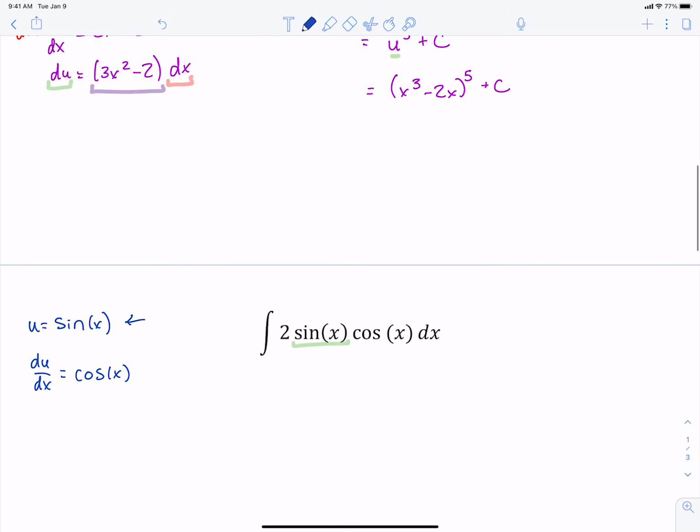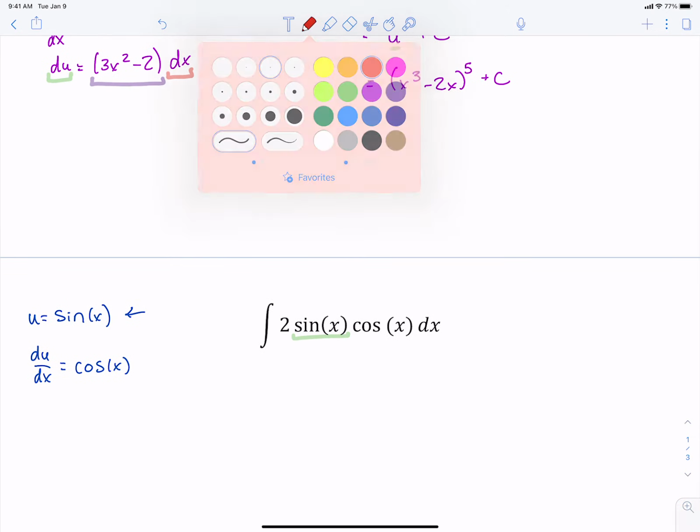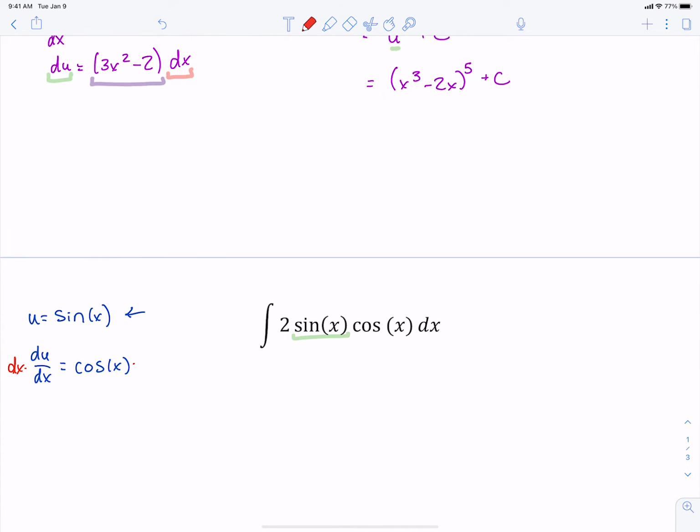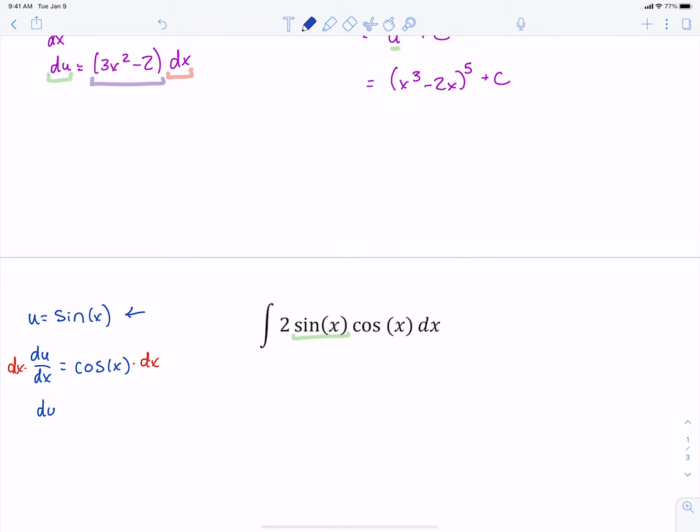So derivative of sine of x is cosine. And every time we're going to multiply both sides by this dx. So if you start to get annoyed with having to do that second step there, you can always go straight from, here's my u, and then here's what du is equal to. So we can replace this piece by piece to help us out.